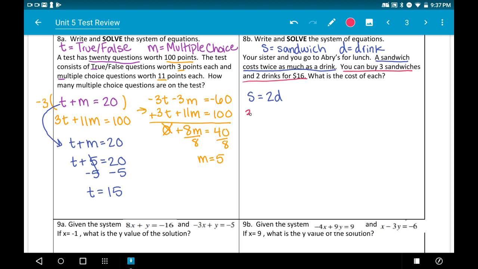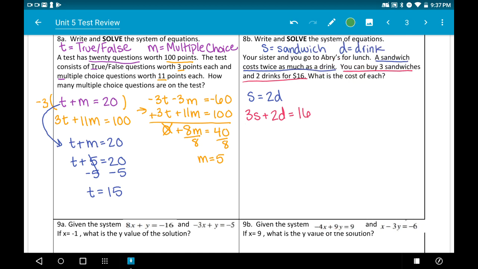So that's 3S plus 2D, so 3 sandwiches plus 2 drinks equals $16 total. And this right here is our system of equations, but now we have to solve it.